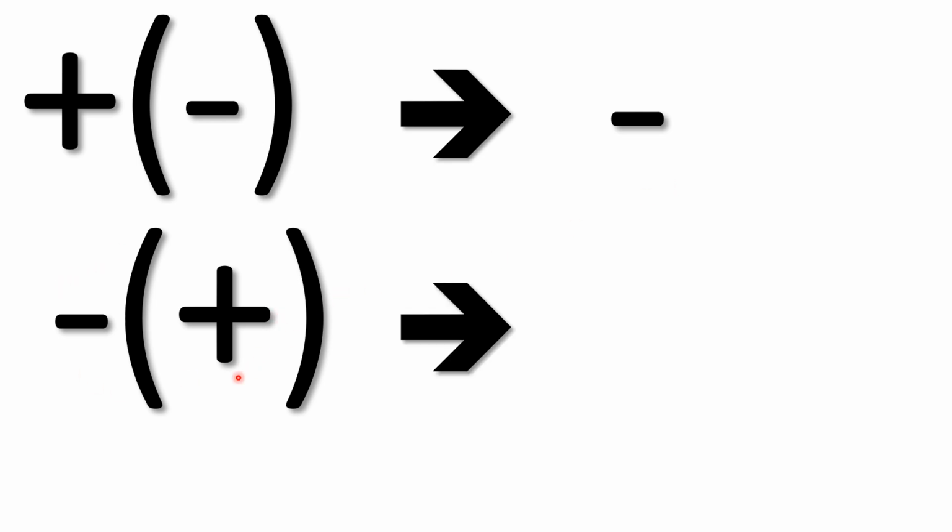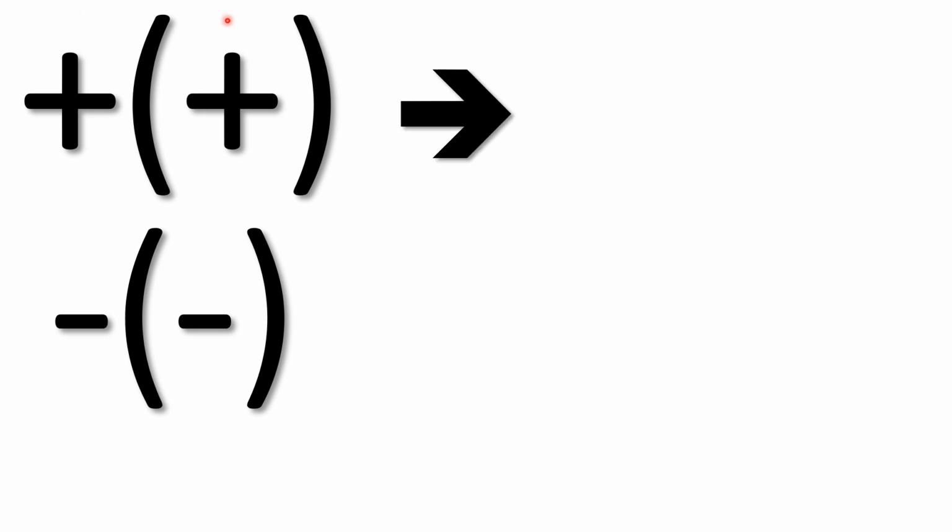Keep in mind when you see the positive and the negative next to each other, the negative will win. You can replace both by one sign, which is the negative. Also this way, it's the same. You can replace these two by negative. If you see 2 positives, nothing will change.